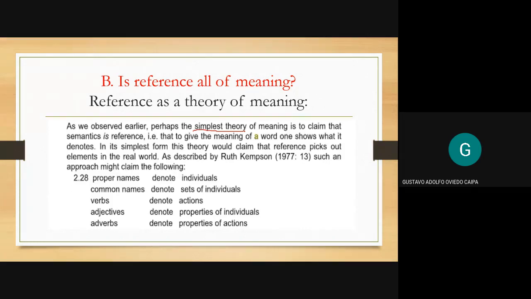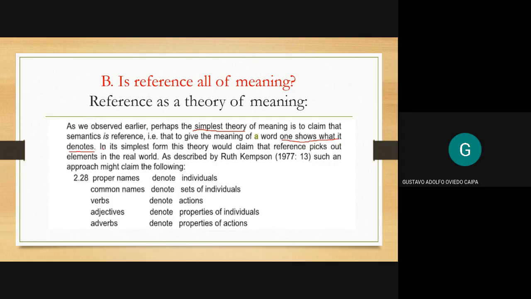That is to say, to give the meaning of a word, one shows what it denotes. What this means basically is that in order to understand the meaning of a word, you have to show the object or the entity in the world that the expression is trying to connect to or talks about.